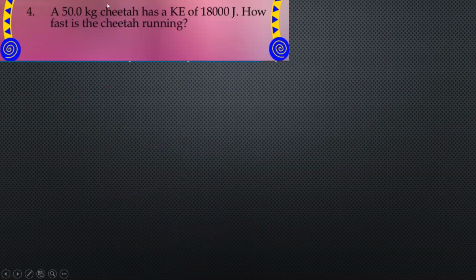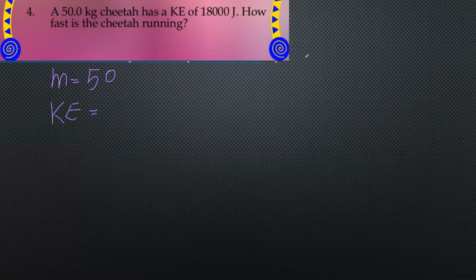Now, a 50 kilogram cheetah has a kinetic energy of 18,000 joule. How fast is the cheetah running? So here I have the mass, which is 50, and the kinetic energy, which is 18,000, and I need to find the velocity.